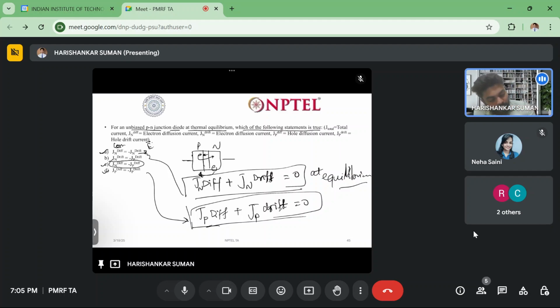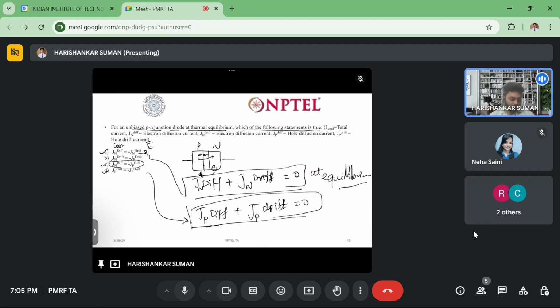For an unbiased PN junction diode at thermal equilibrium, which of the following statements is true? At equilibrium, unbiased PN junction, thermal equilibrium, the net current will be 0.